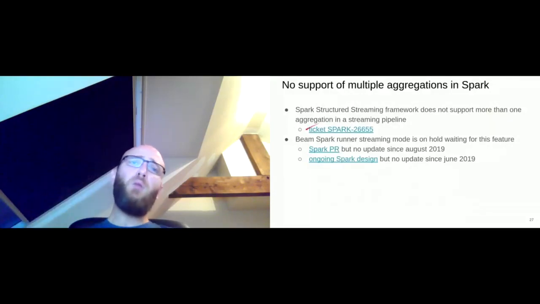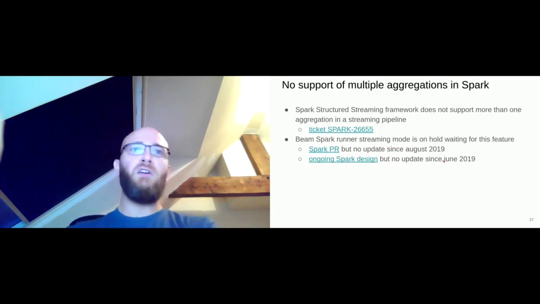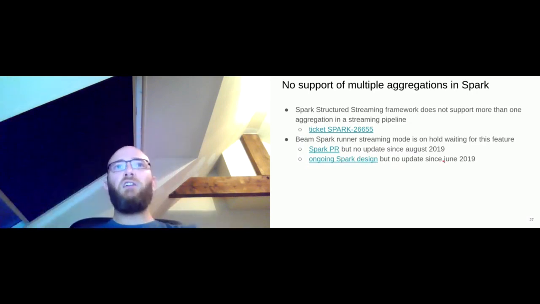So there's an open ticket, and there is also an ongoing PR, but it has not received an update since August 19. And there's also an ongoing Spark design, but that received no update since June 19. So the Beam project is stuck with the new runner based on the Spark structured streaming framework, waiting for the support for more than one aggregation in streaming mode.